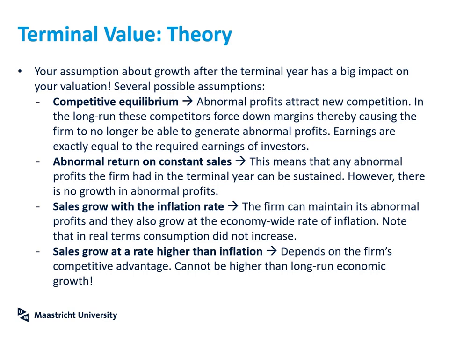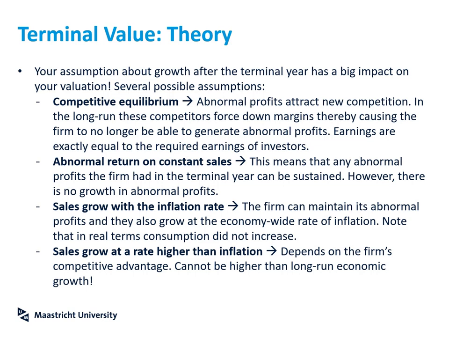So you can see that given the number of years that is included into this terminal value, whatever we assume about growth after this terminal year can have a big impact on our valuation. And there are several assumptions that we can make when it comes to the terminal value. And these differ in terms of what are the implications for the abnormal profits that we are generating.